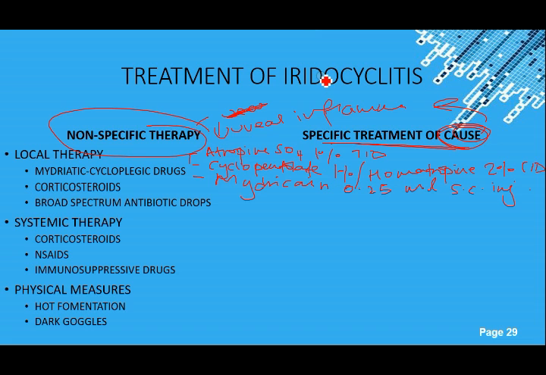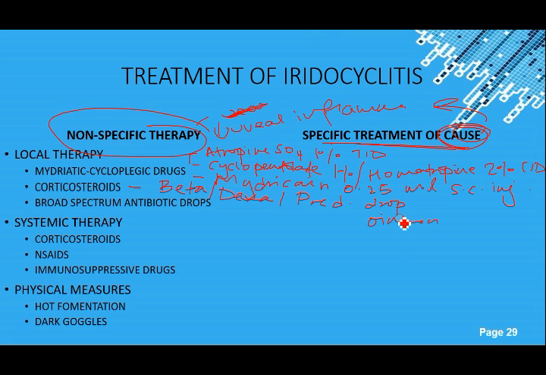Then you can give corticosteroids. So what are the corticosteroids you can give? The list goes: betamethasone, dexamethasone, and prednisolone, the norms. Either drops or ointment.